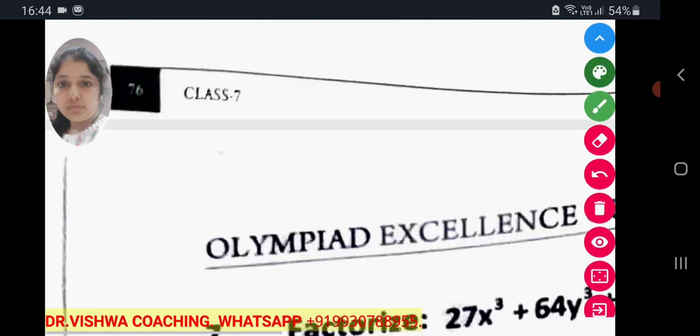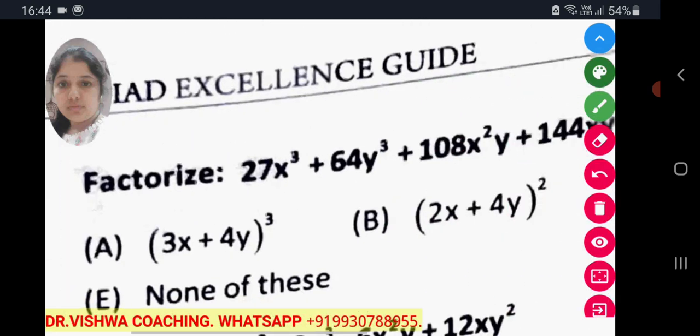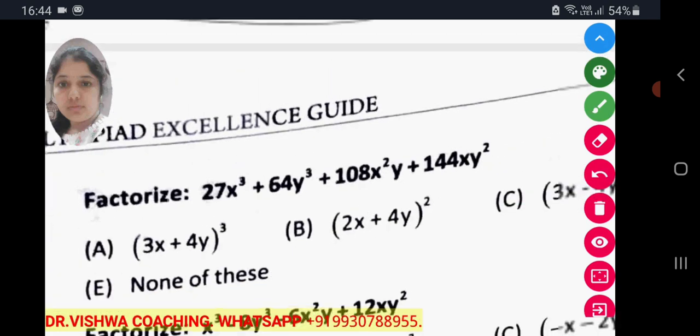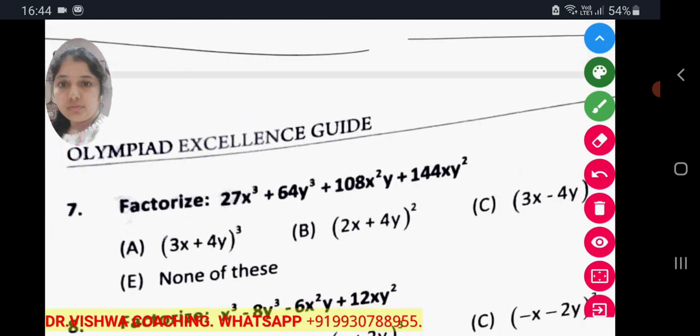Now the next question is, we have to factorize this bigger equation.